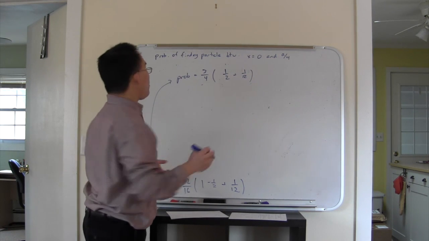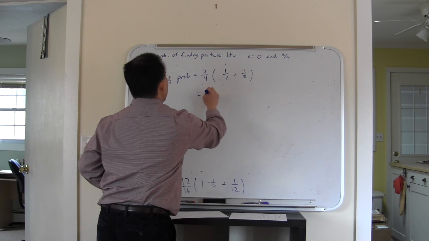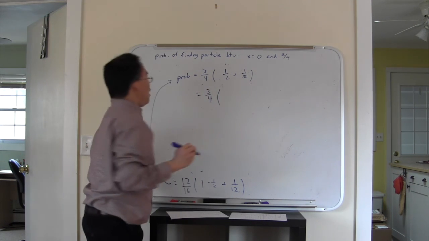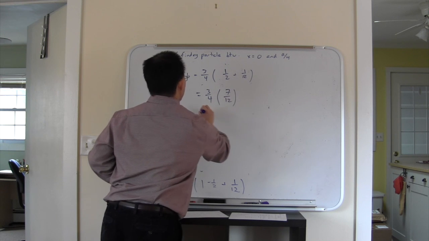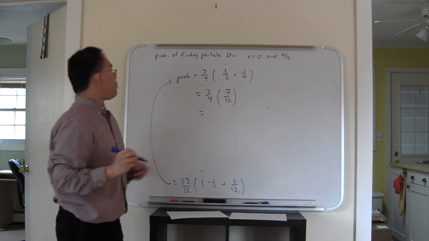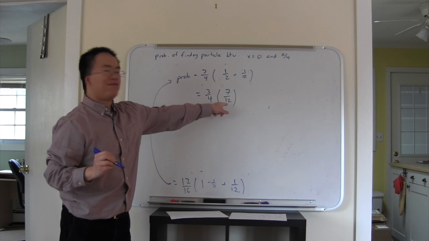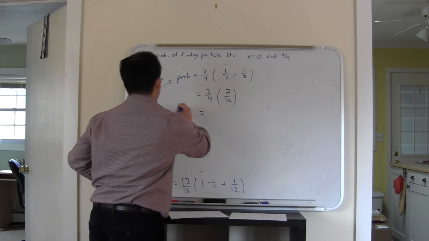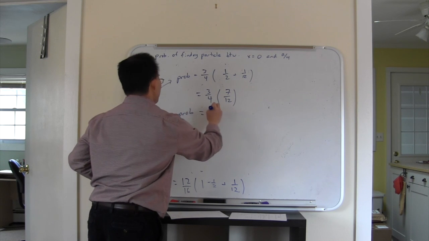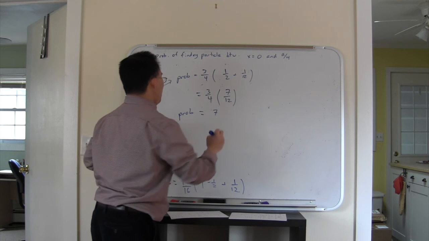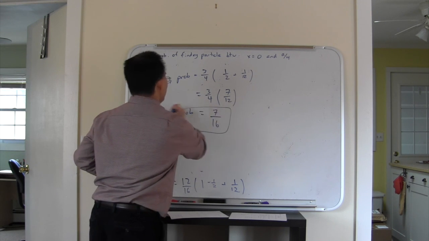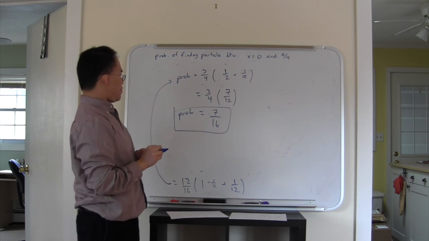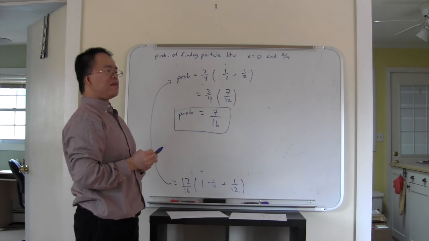So a half is 6/12, so we have 3/4 times 6/12 plus 1/12, which gives me 7/12. And so canceling factors of 3 here, I end up with the probability equal to 7/16.